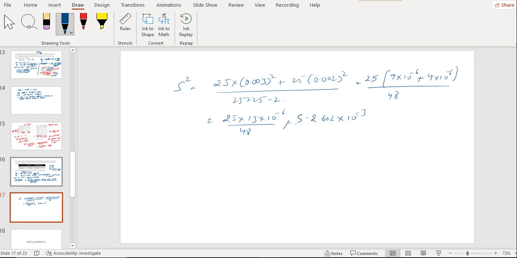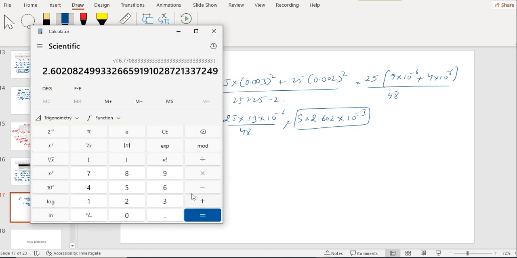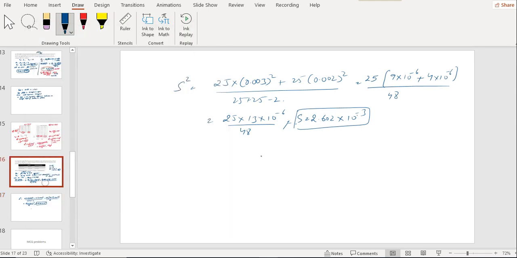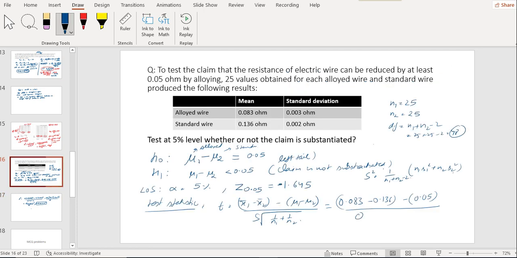This is the value of capital S, and then we need to multiply it with the square root of 2 by 25. Its value comes out to be approximately 0.736.